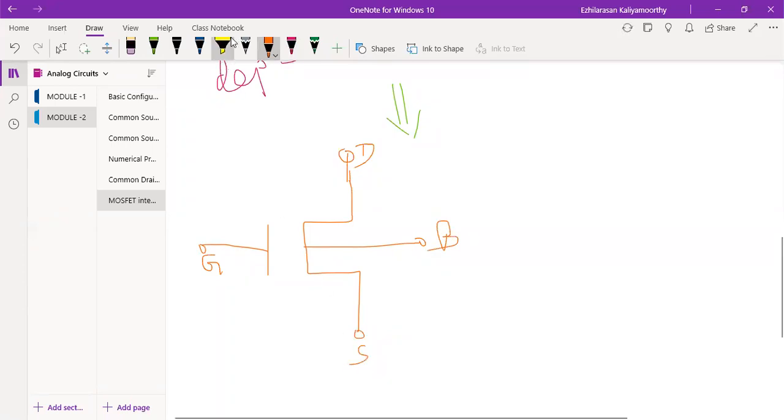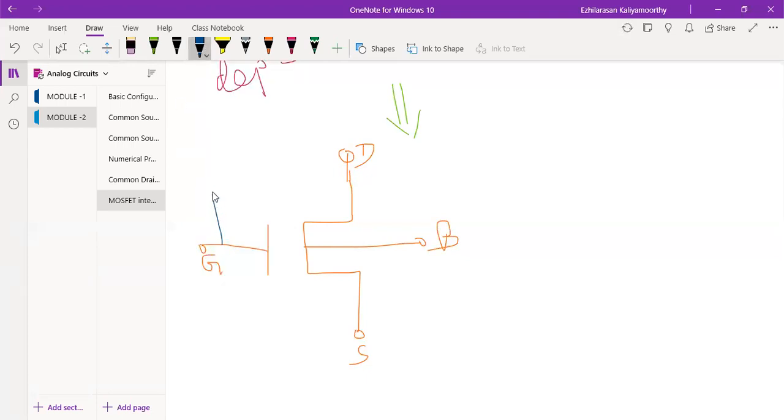Now let us put in the capacitances. Let me put a capacitance here.